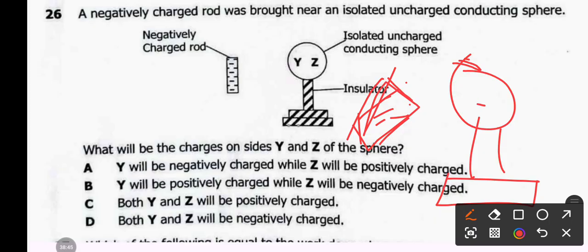The electrons will move to the far side, making the near side partially positive. So we expect y to be positively charged while z will be negatively charged. So option B.